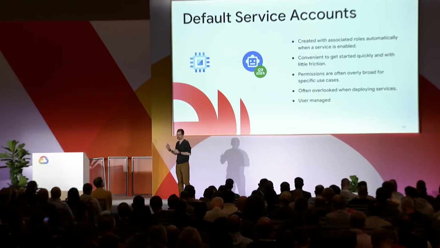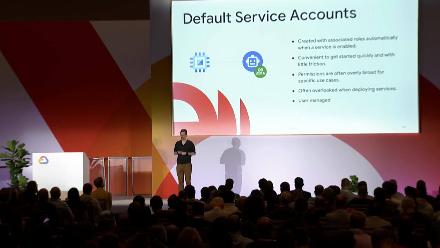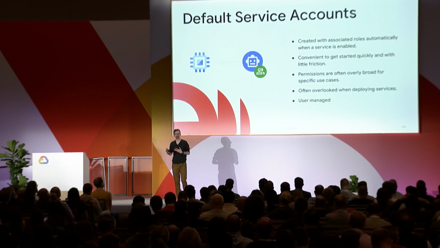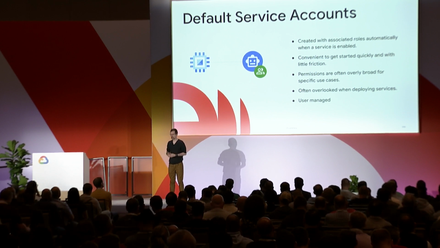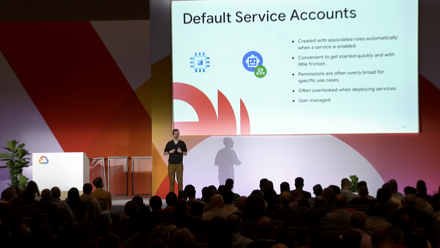You have all the permissions you need, but then you have a lot of extra permissions which you don't necessarily need. So your applications will work and everything is fine, but you don't really notice that you're including a lot of permissions that you don't need, and so these are often overlooked. These are also user managed, so they're created automatically within your project, but they're ultimately on the user to manage them. So these are not managed by Google Cloud itself.